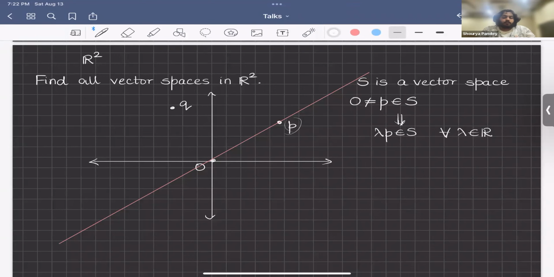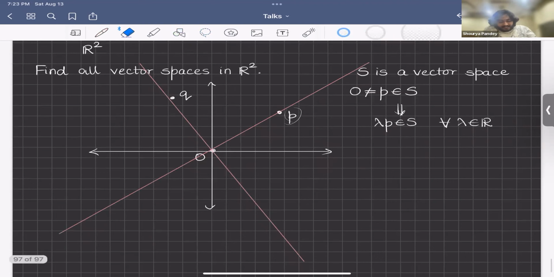So let's say S is not just the line, so it must have some other point too. Now what can we say about the set? What else is there in the set? We can definitely say that this line is also in the set, right? So we know that this line is in the set.